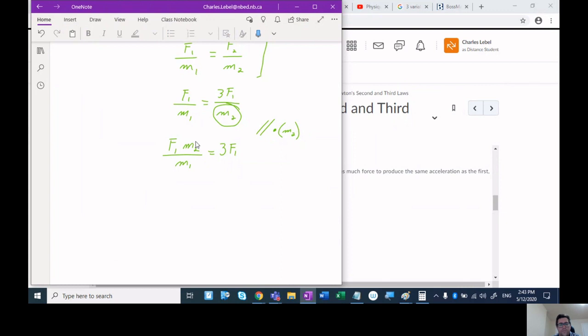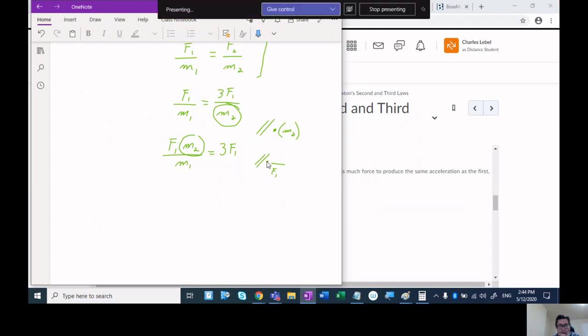So what do we need to do to get rid of all this? Right, we're going to divide everything by F1. That's going to take out the F1 part. And we also need to get rid of the divide by M1. So we're also going to times by M1. You can do these things one at a time, or you can do them at the same time. Let me show you.